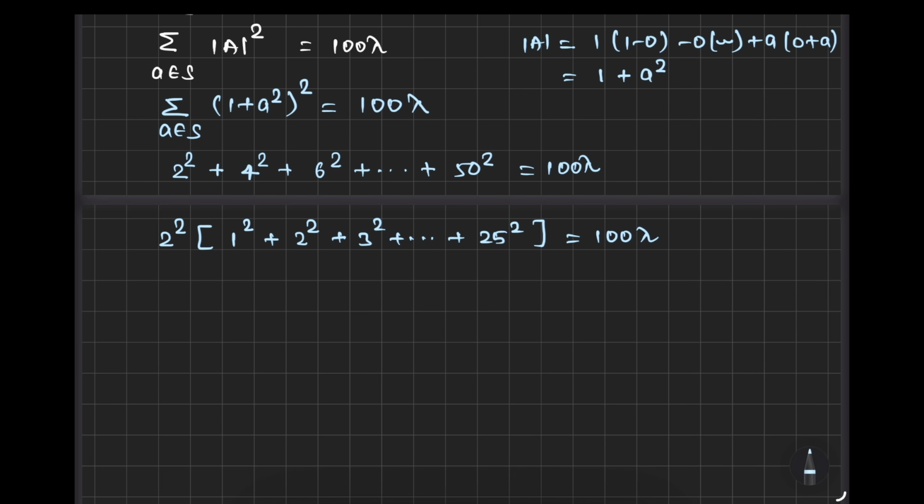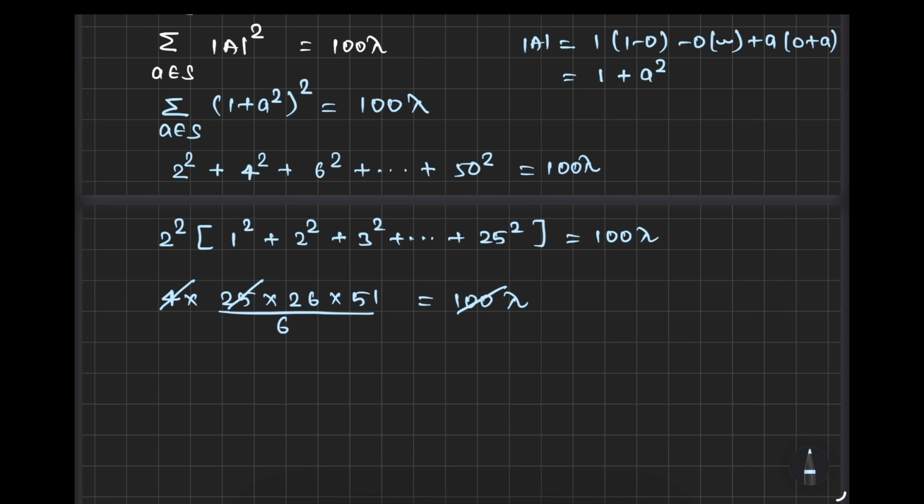Now this is the sum of squares of 25 natural numbers. So here we are left with 4 times n into n plus 1 into 2n plus 1 by 6, and this is equal to 100 lambda. Now 25 times 4 is 100. Done.